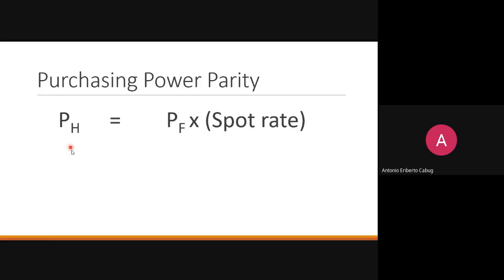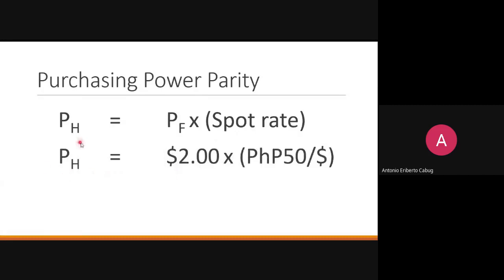The price of an item at home is equal to the price in a foreign country multiplied by the spot rate. So in Philippine peso terms, a $2 item, if the exchange rate is 50 pesos to $1, would cost 100 pesos.